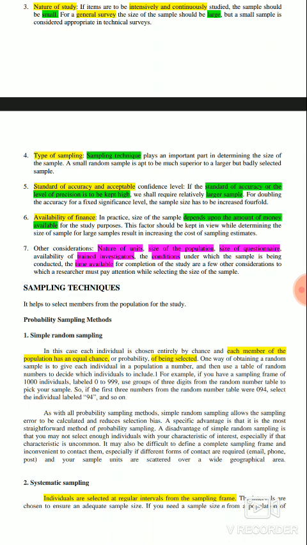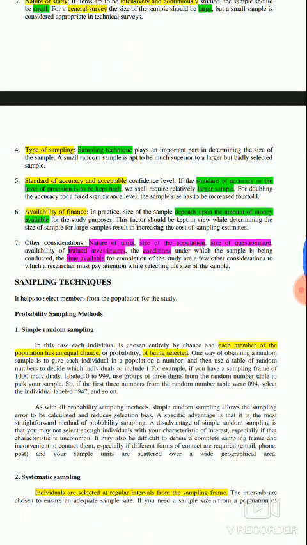There are many techniques, we will see them later at the end of this presentation. Each technique requires a different number of samples, so depending upon the technique, the sample size will vary.